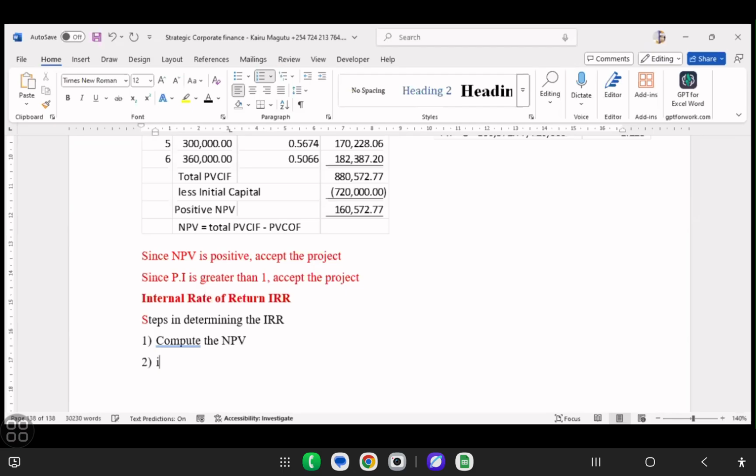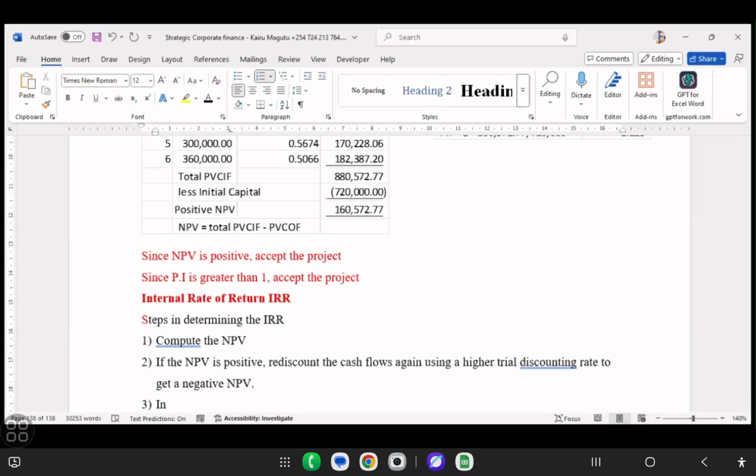Step number 2, if the NPV is positive, rediscount the cash flows again using a higher trial discounting rate, to get a negative NPV. Note the word trial. It is a trial rate.